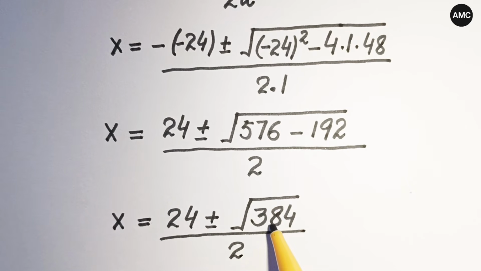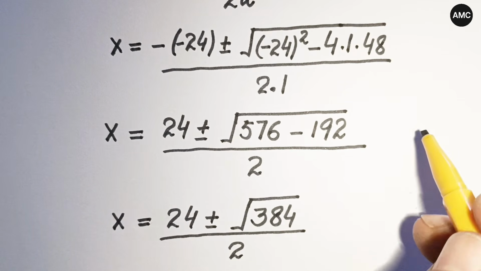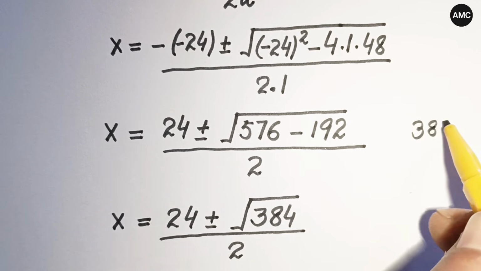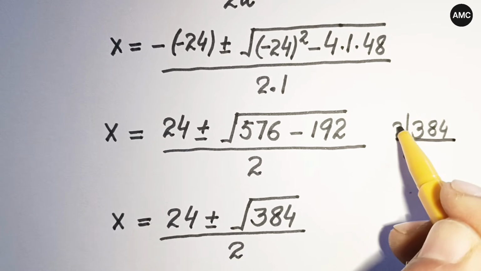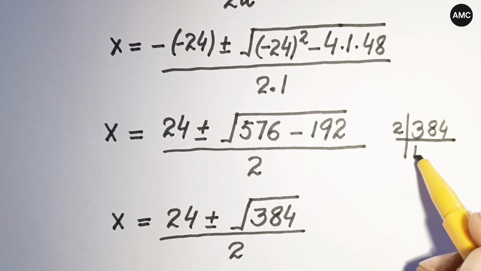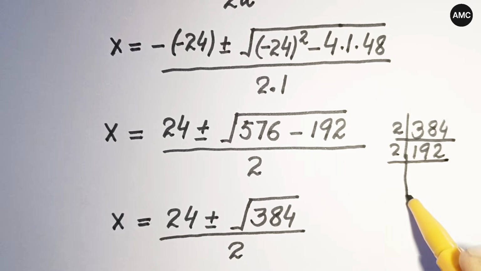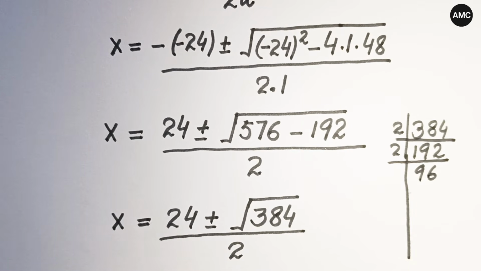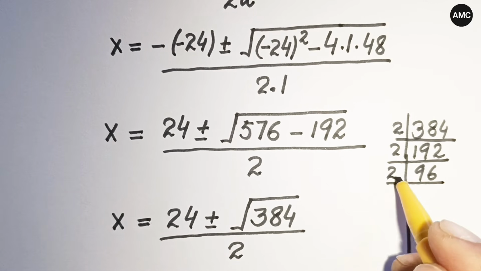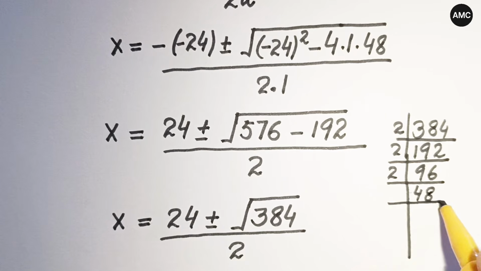So here for 384, if we find the prime factors, we just divide by 2 and get 192, and similarly dividing by 2 we have 96.